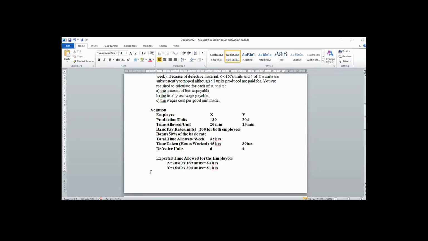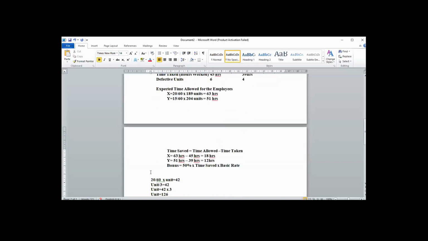Expected time allowed for all the employees. They're supposed to use 63 and 51 in total. But the time taken here says they used 45 hours and 39 hours. Which means they have saved time.